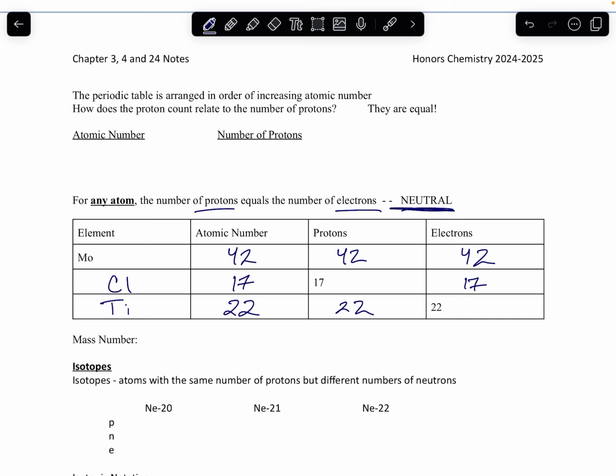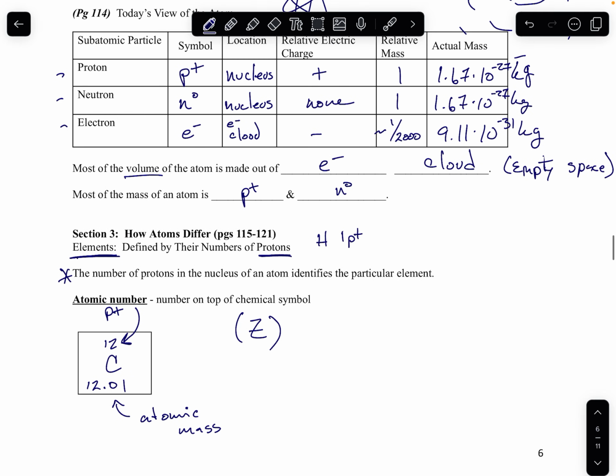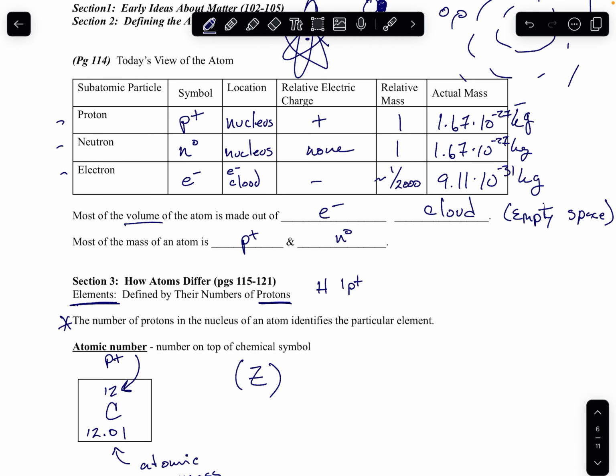But what about my mass number? My mass number tells us the mass of an atom. But you have to remember that mass is going to be determined by both the protons and the neutrons, because both of them are quite large compared to the electrons.